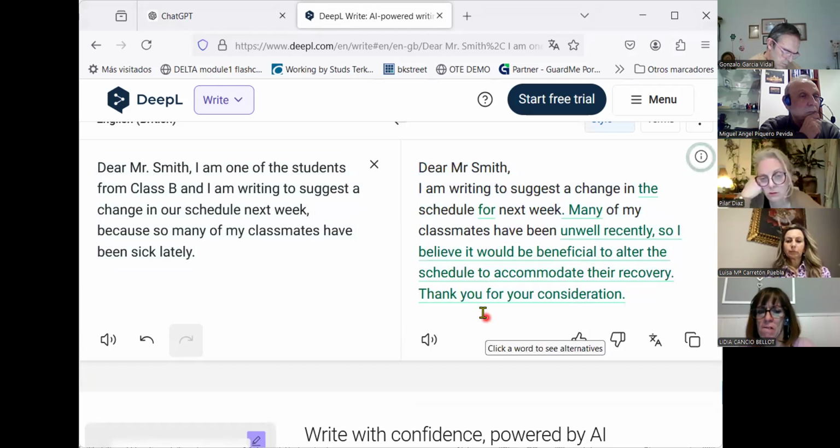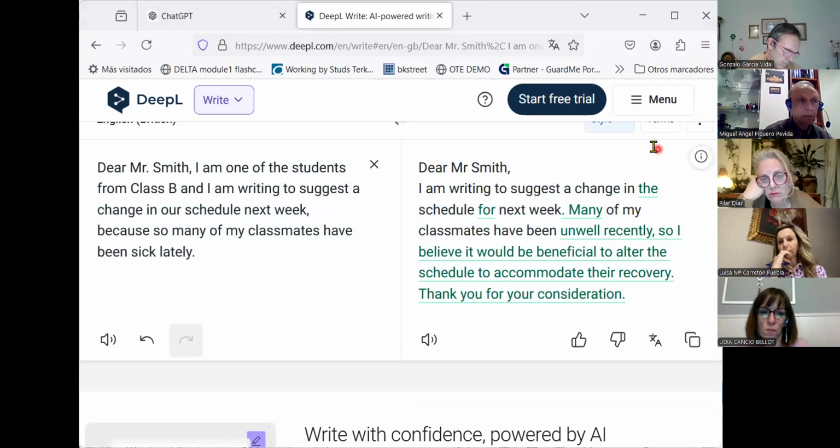So we can see we've now got the same text in a more formal style. So you can use this when you're writing and you want to see what it looks like in a different format. How can I make my writing more formal? This is a very good way of doing it.